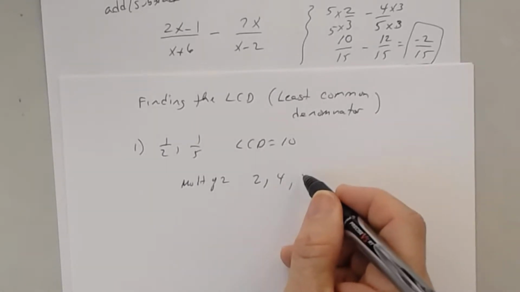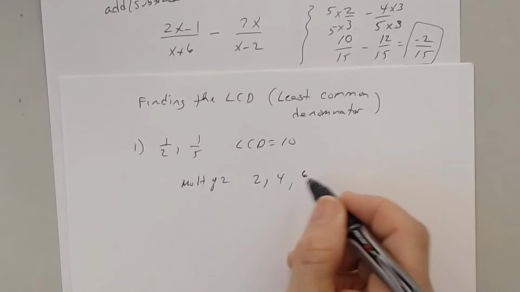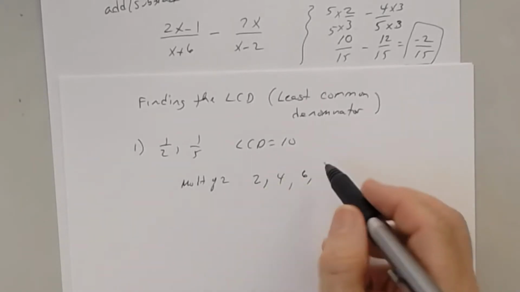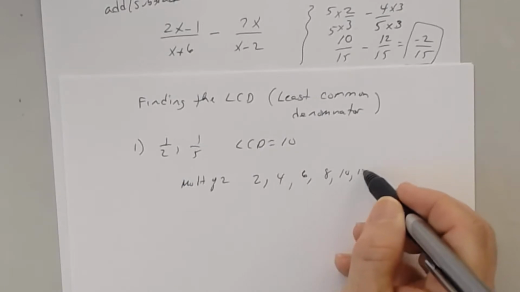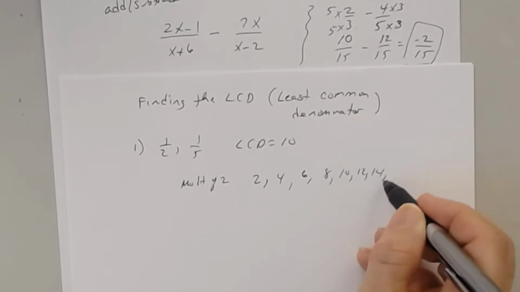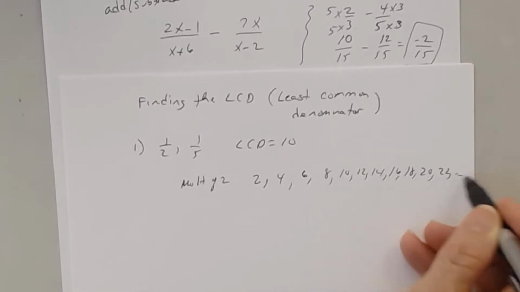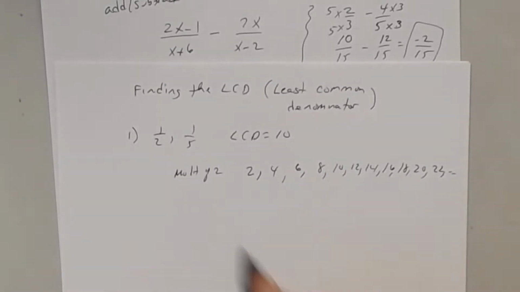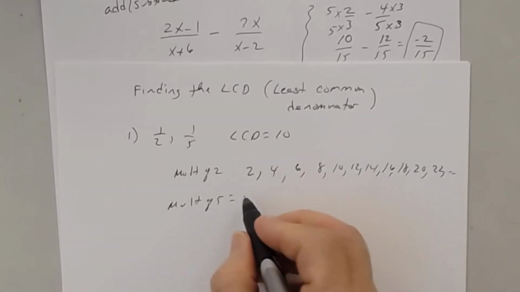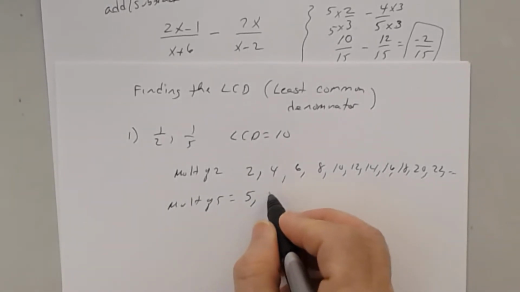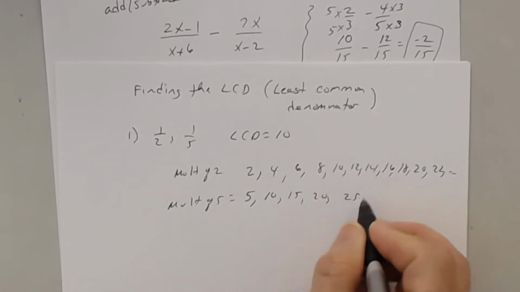What's the next multiple of 2? 6. 3 times 2. Then 4 times 2, and so on, right? 10, 12, 14, 16, 18, 20, 22, and so on. Y'all agree? Okay. The multiples of 5, what's 5 times 1? What's the next one? 10, 15, 20, 25, and so on.